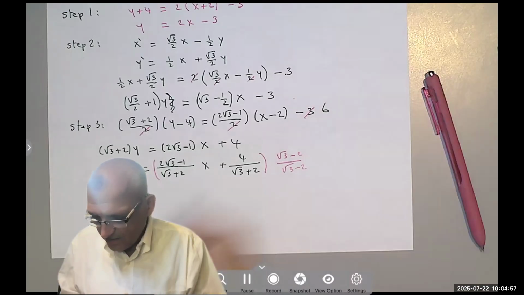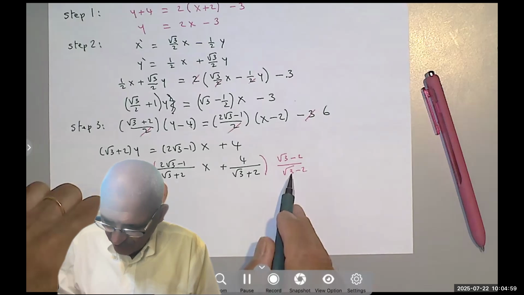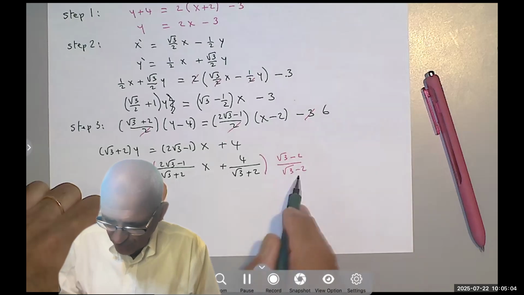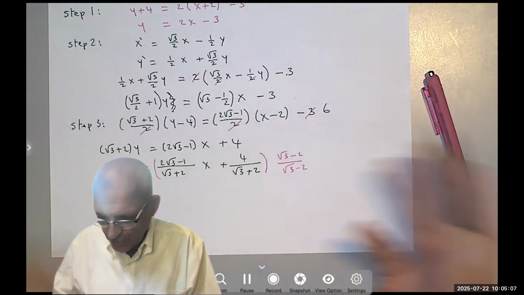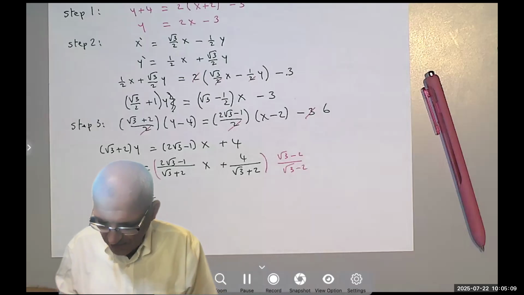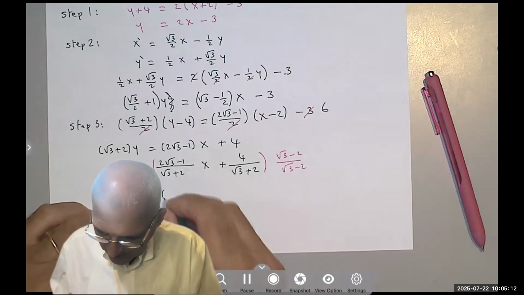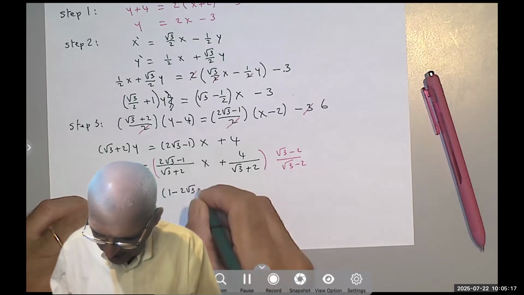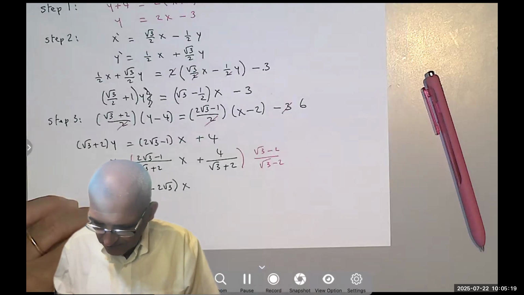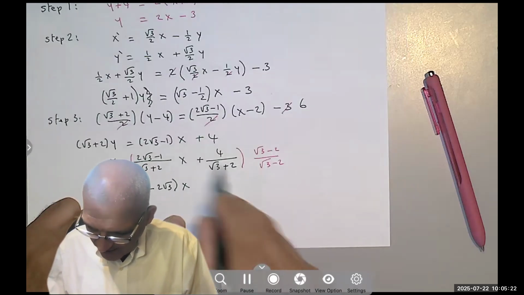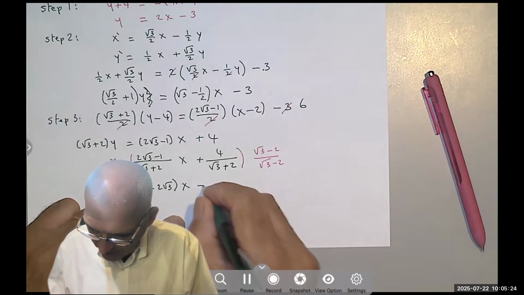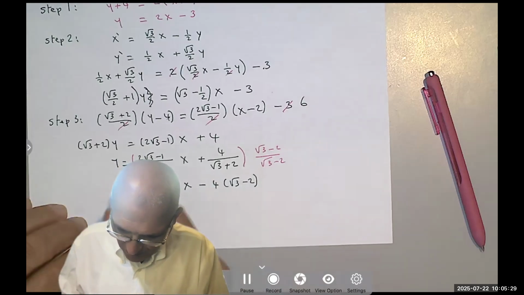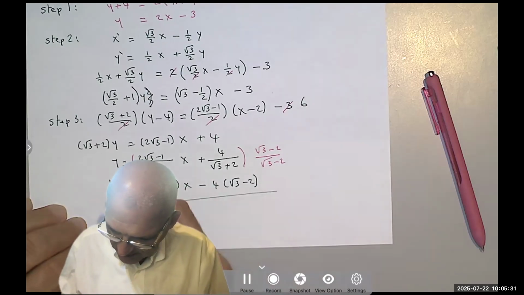The denominator would be negative 1 because root 3 minus 2 times root 3 plus 2 would be root 3 squared minus 2 squared. So 3 minus 4 is negative 1. So you will get 1 minus 2 root 3 because it's a negative 1x. And this would be negative 1, so minus 4 times root 3 minus 2. I hope I did the math correctly.